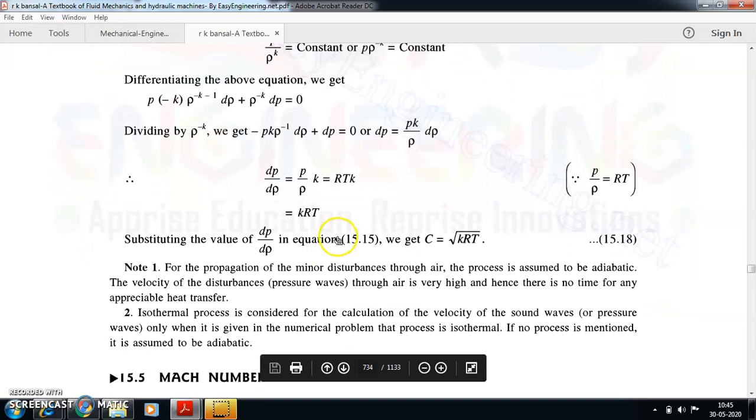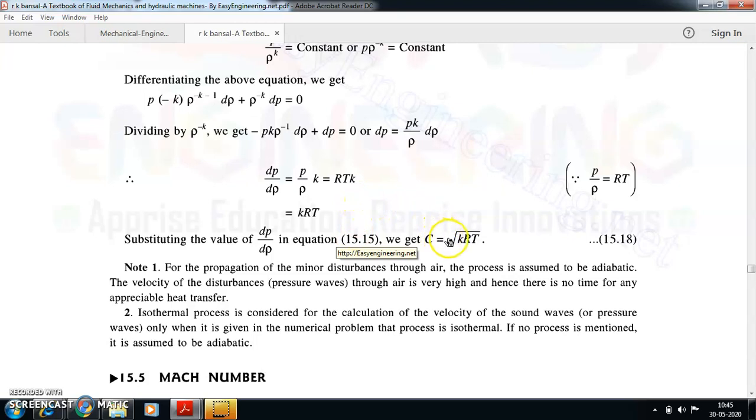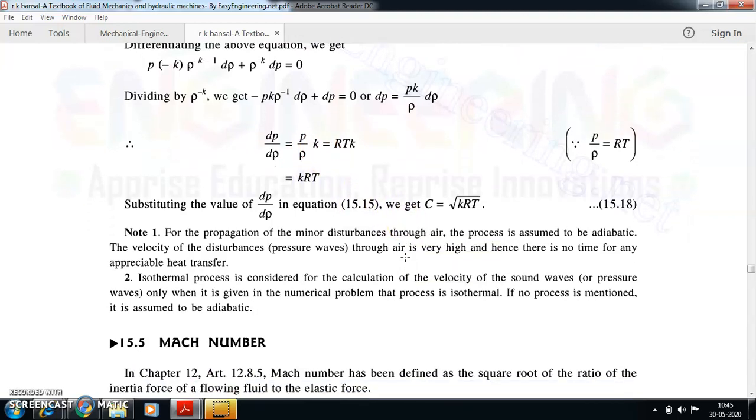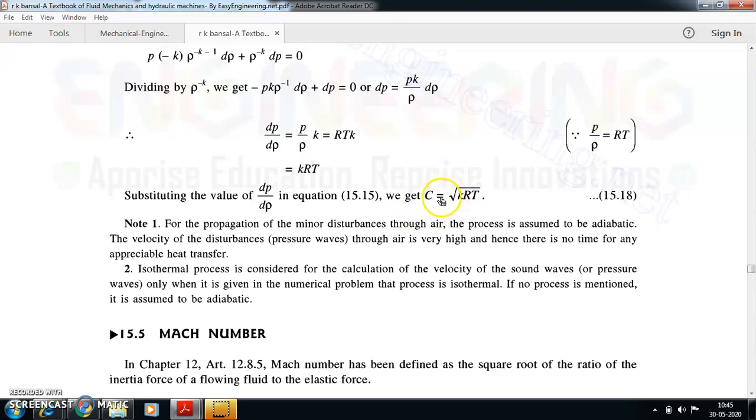Using this in the velocity equation, c is equal to root of dp by d rho, that will be equal to root of krt, or I can also write it as root of p by rho into k. This is the final equation for the velocity of sound undergoing an adiabatic process. When the propagation is for minor disturbances through air, the process is assumed to be adiabatic.